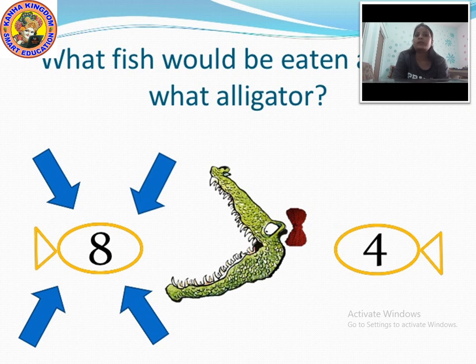So this alligator is Mr. More than, and he is eating the number 8. Why? Because 8 is more than 4, or 8 is greater than 4. So Mr. More than eats 8.